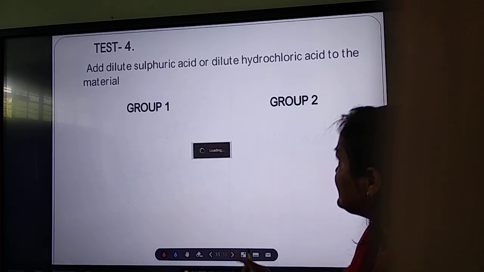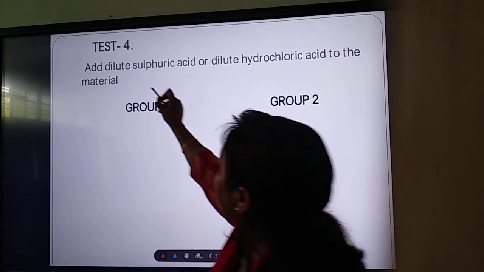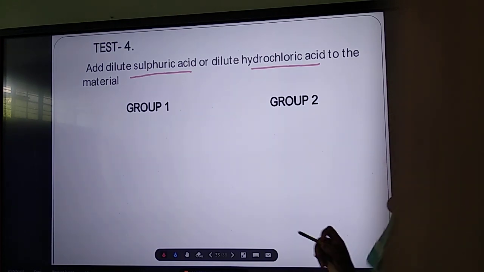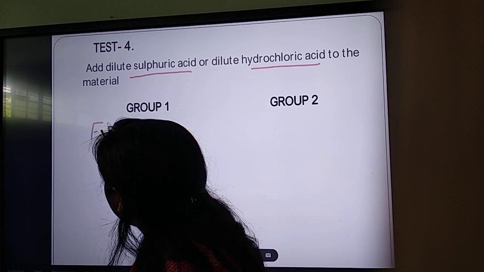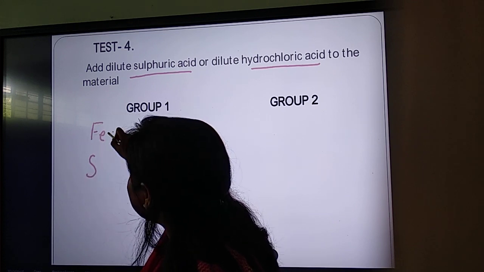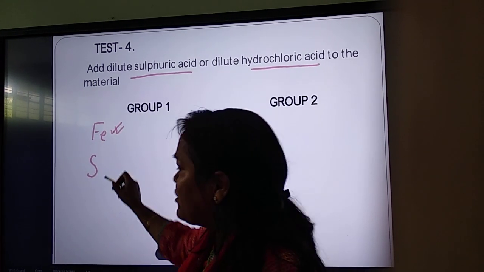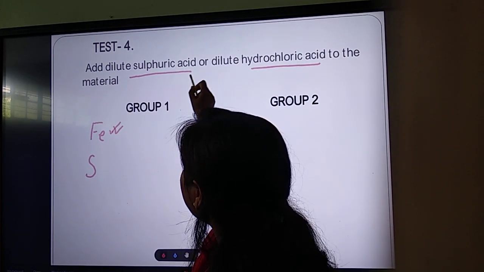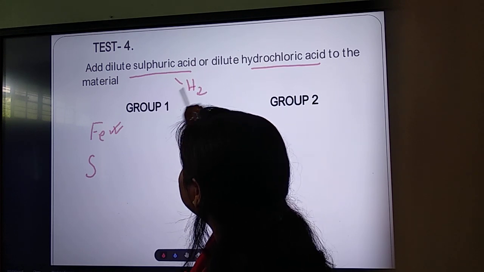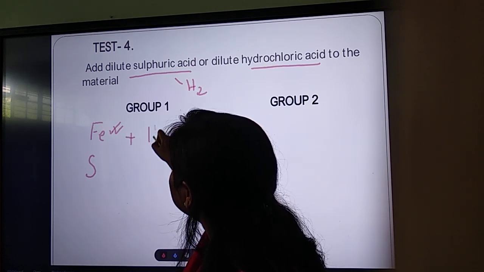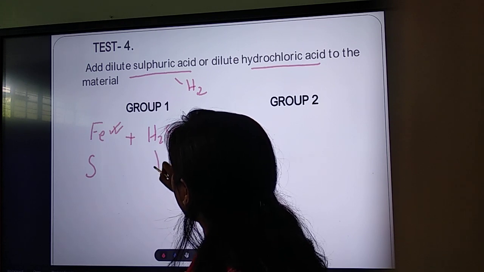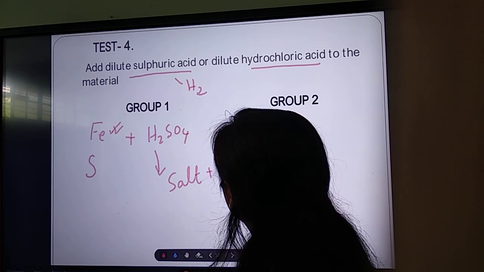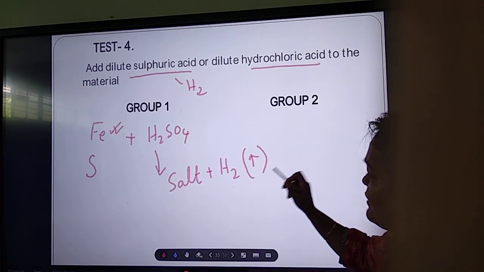Then comes number 4. Add dilute sulfuric acid or dilute hydrochloric acid to the material. In the first case, iron filings and sulfur powder were there. This is a metal, this is a non-metal. Do you remember we have learned metal plus dilute acid gives salt and one gas. What was the gas? It's hydrogen gas, which burns with a pop sound and has no smell.